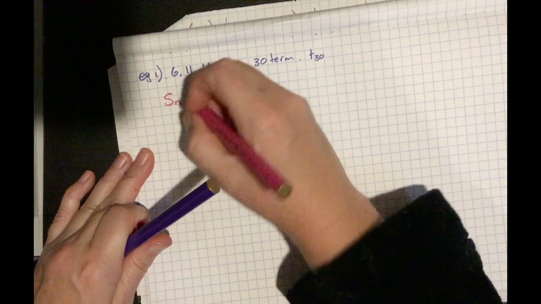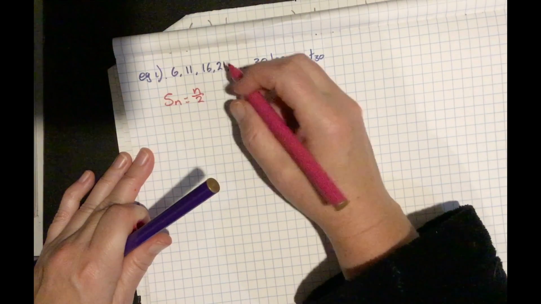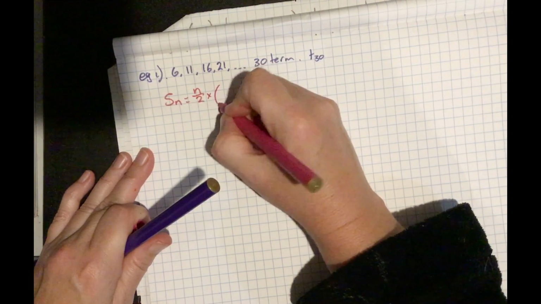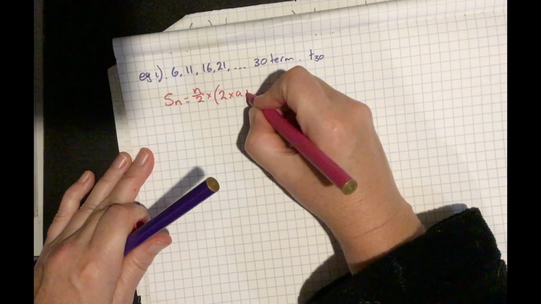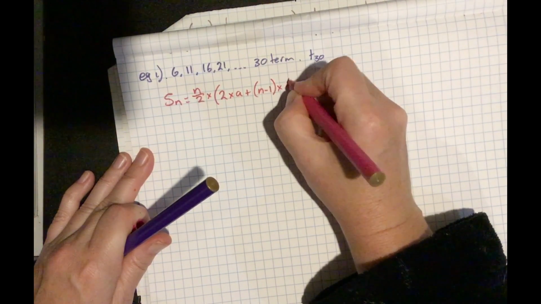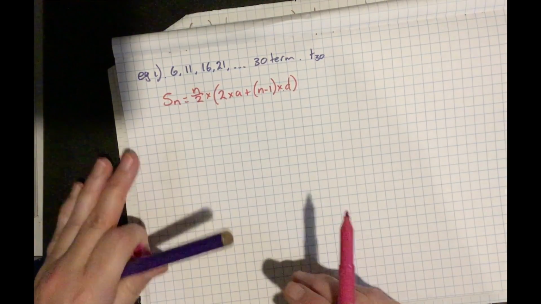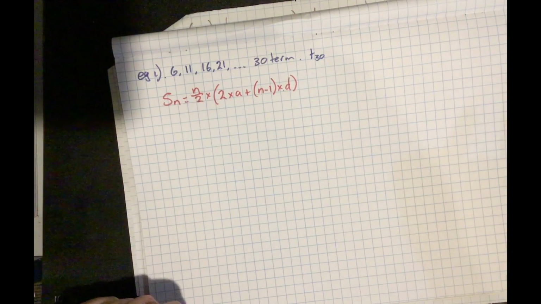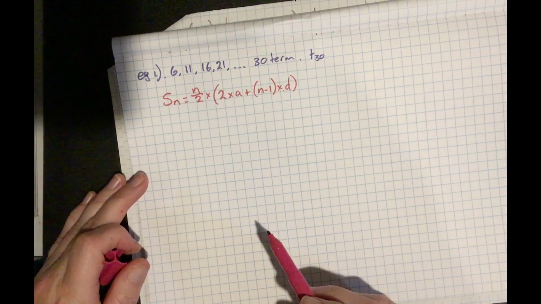The sum of the nth term is the same as n over 2, remember, that means divided by 2, times 2a plus n take away 1 times d. Now you don't have to put in the multiplication signs. I'm doing that just to remind you that that is what you have to do to each of these values.